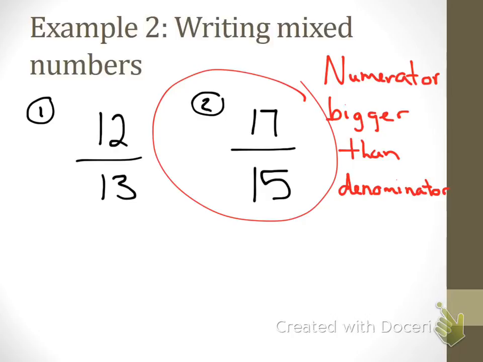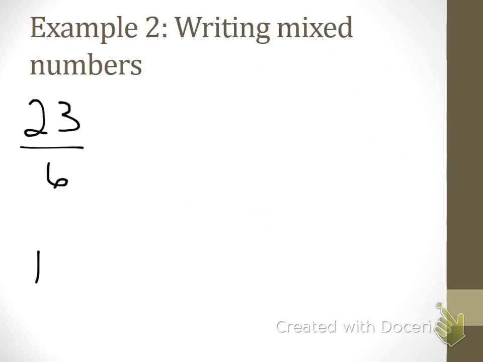Very good. All right, so when I'm converting an improper fraction to a mixed number, I have to ask myself, how many times can the denominator go into the numerator without going over? Anybody know what this one would be? How many times would 6 go into 23? 3 times, because 4 times is 24, and that's too many.